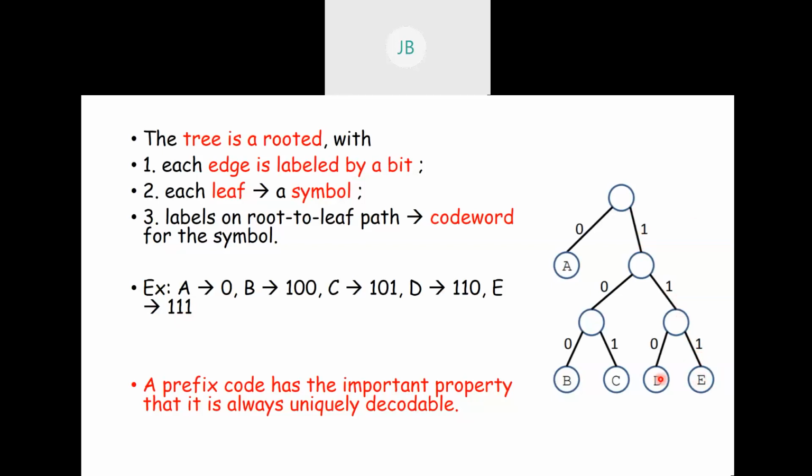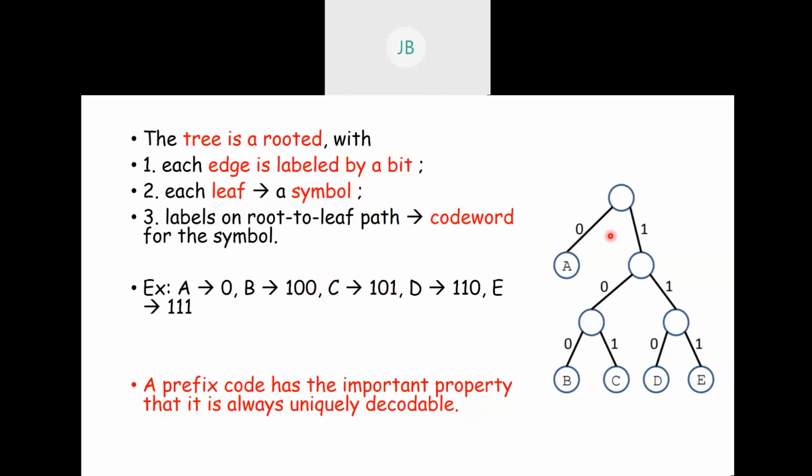Similarly, D, how to get D? It is 1, 1 and 0. See, we always trace a symbol from the root. 1, 1 and 0 leads us to D. So this is the way of representing the encoded bits in the form of a tree.